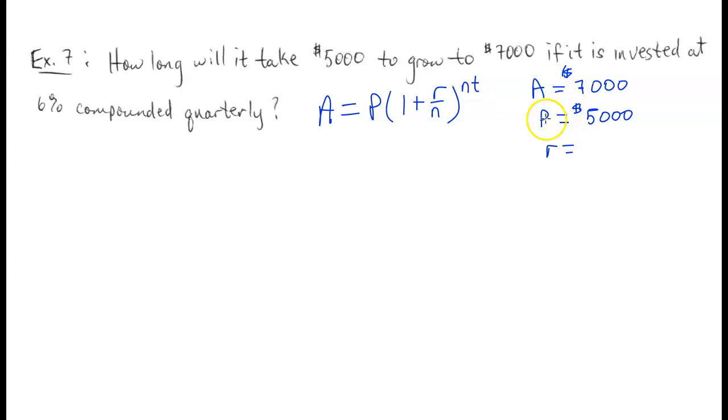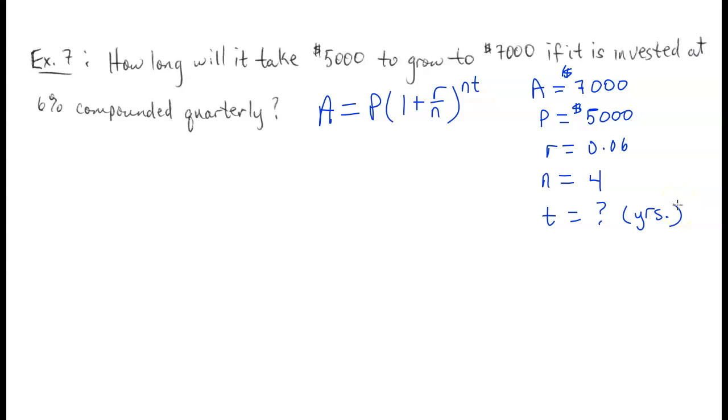Our interest rate is going to be 6%, and I'm going to write it as 0.06. And n, since it's quarterly, will be 4. And of course, the thing that we don't know is the time, and once we solve this, it's going to be in years.